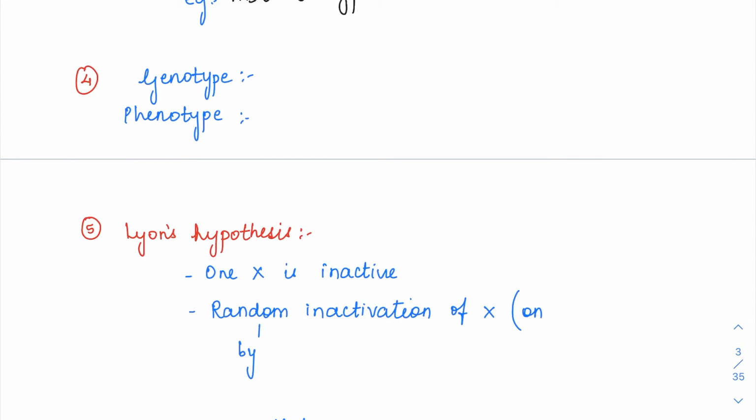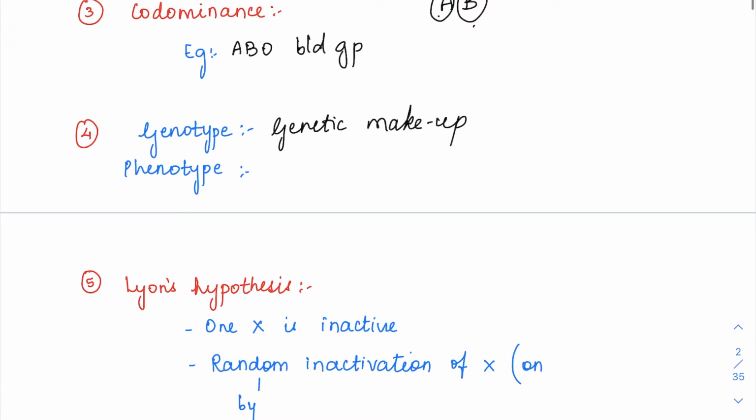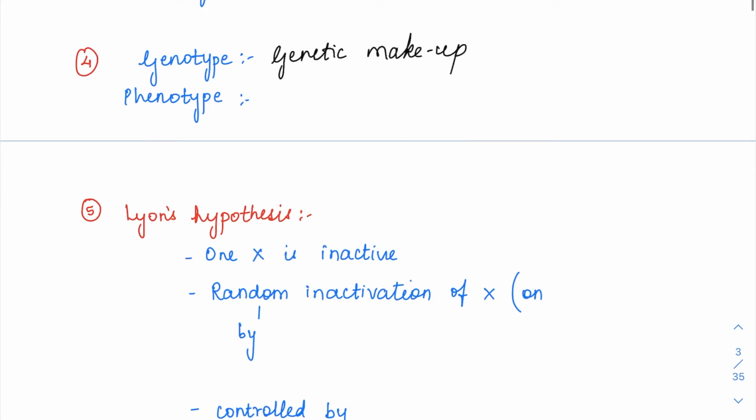Next, what is a genotype and a phenotype? Genotype is nothing but the genetic makeup. So if you are telling AA, that is the genotype actually. But phenotype is the physical expression of the genotype. Whatever the gene is encoding is going to be expressed in a physical form. That is the phenotype.